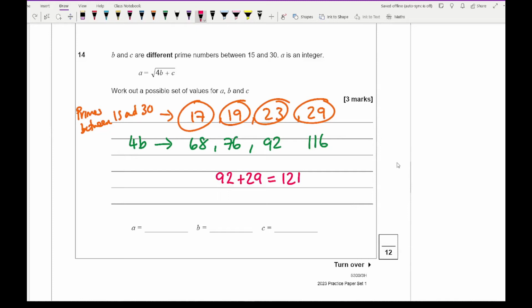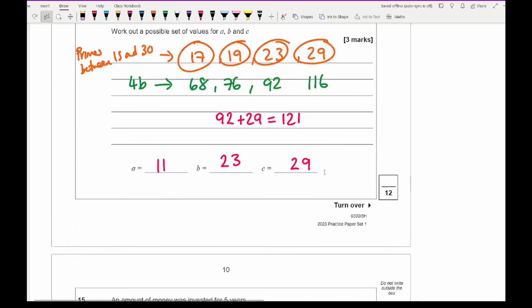That means that A is going to be the square root of 121, which is 11, B is going to be 29, and C is going to be 23, and that should be fine to get you the 3 marks.